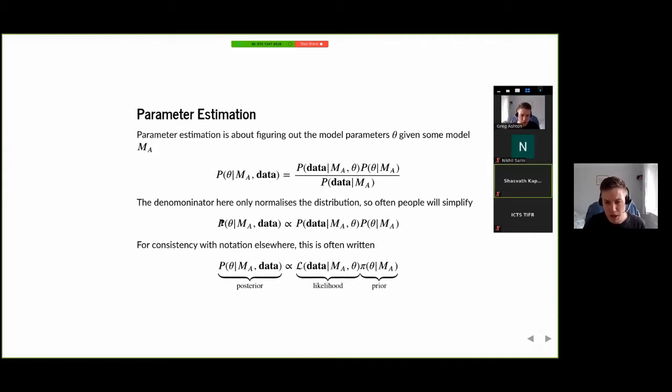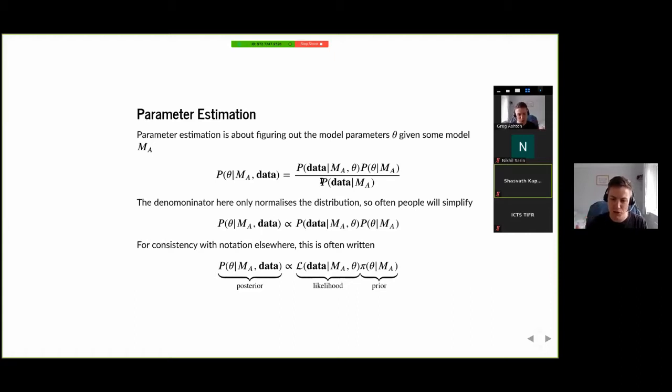So we can make this a little bit simpler. The term on the bottom of the top equation, probability of data given the model, is in fact only a normalizing term. It's just normalizing things so that you have a unit distribution. So you can simplify this by throwing that information away and saying, if I'm only interested in the left-hand side, i.e. the shape of the distribution, I really only need the two terms in the numerator.